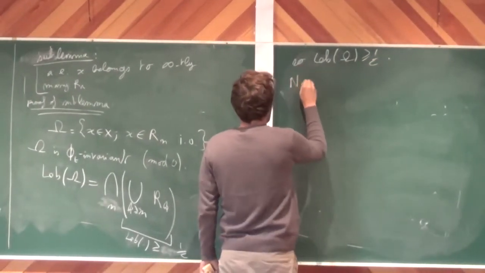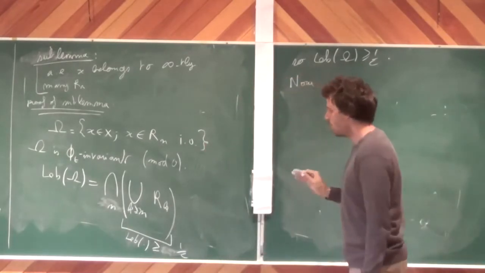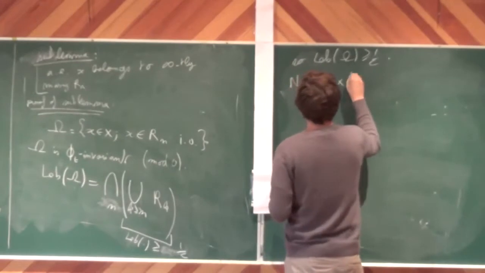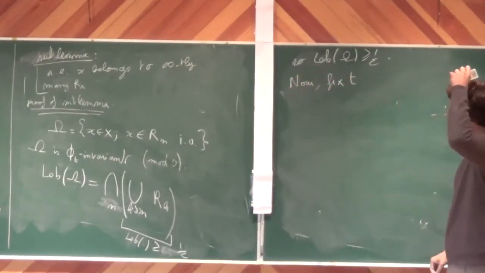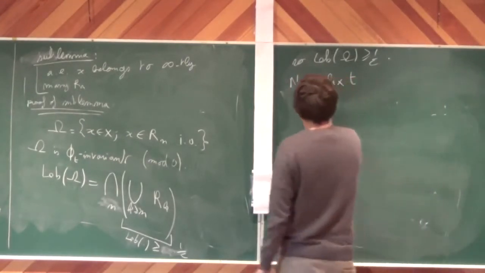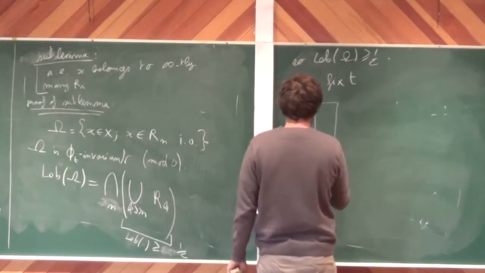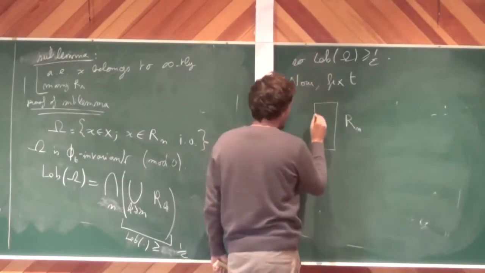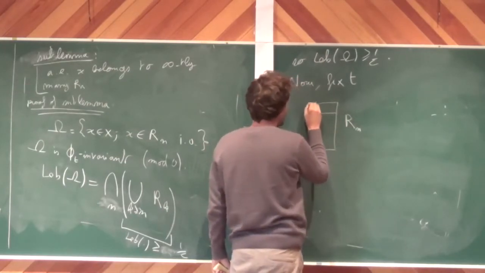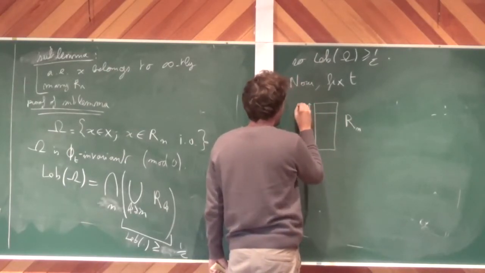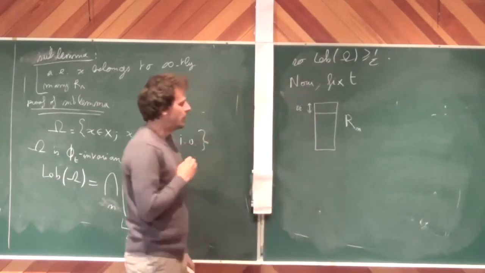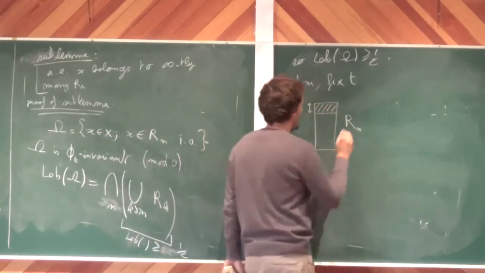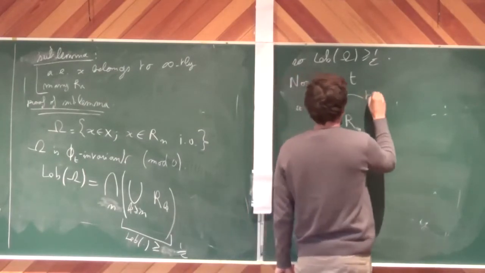Now we want to prove that this is phi t invariant, and what we do is we fix t, and we start playing with omega. You have the Rn, which look narrower and narrower. What we do is that we remove 2t from Rn, let's call it the t top.